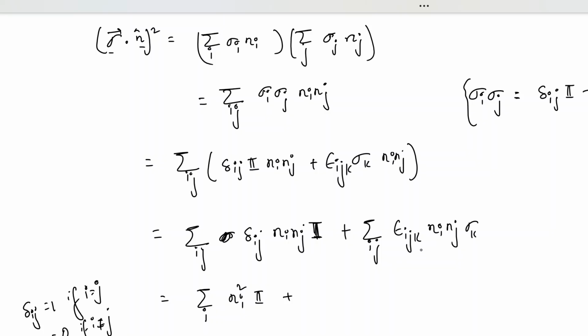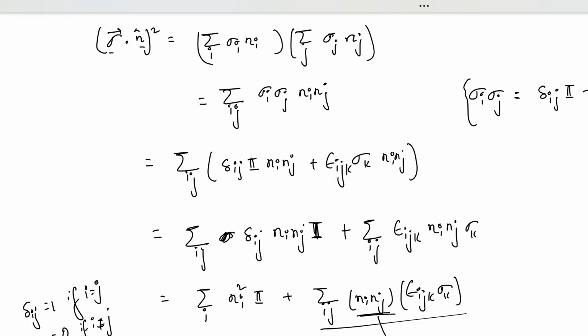Plus, this will be an interesting case: on one hand you have ni nj, and on the other hand you have epsilon ijk sigma k. Now when you solve this summation, for simplicity, this term is symmetric under the interchange of i and j. Whether you write ni nj or nj ni, because this is just a product of two components of the unit vector, not matrices, the order does not matter.